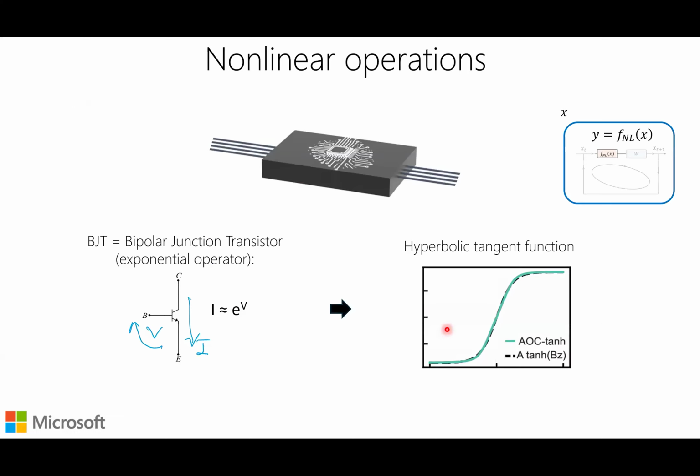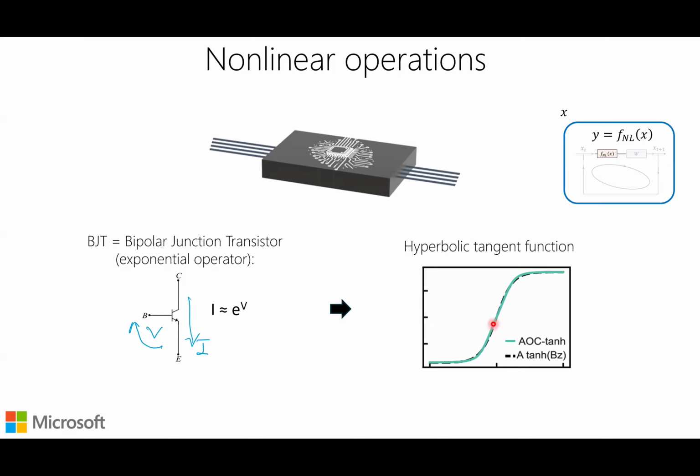The nonlinear operations are done electronically with a combination of BJTs. The important thing about this is that it's controllable, so we can control the amount of nonlinearity. This is another thing that would be hard to do optically. So we've combined these transistors together to give us a hyperbolic tangent response, as shown in this green line here.